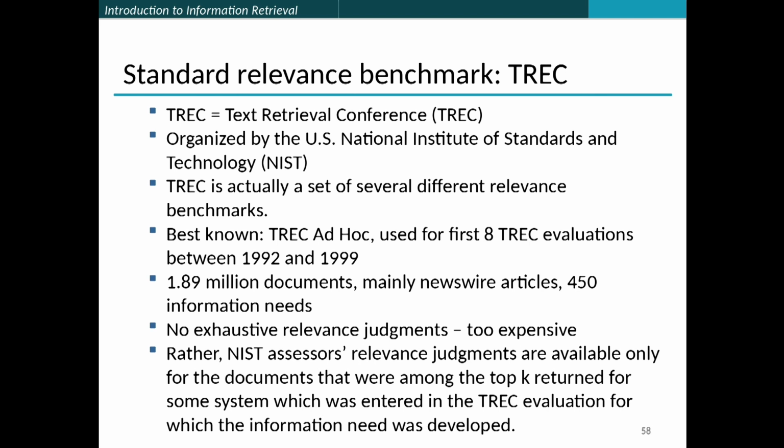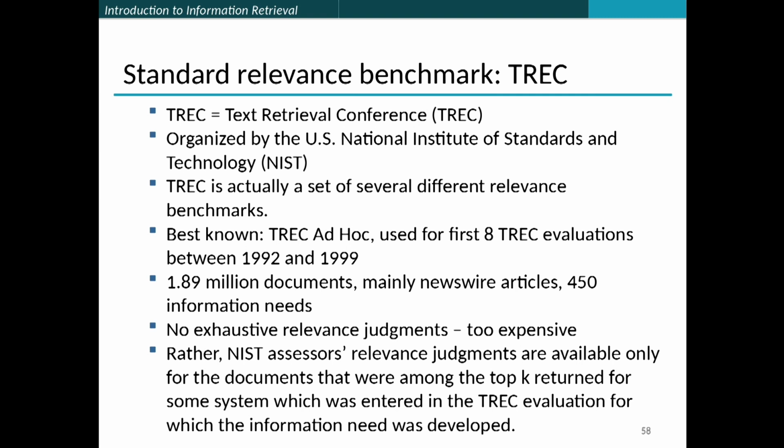And that starts to be very interesting because you now have almost 2 million documents, so it makes sense. They are mainly newswire articles, but interestingly, you have about 450 information needs. So it starts to be something that makes sense.